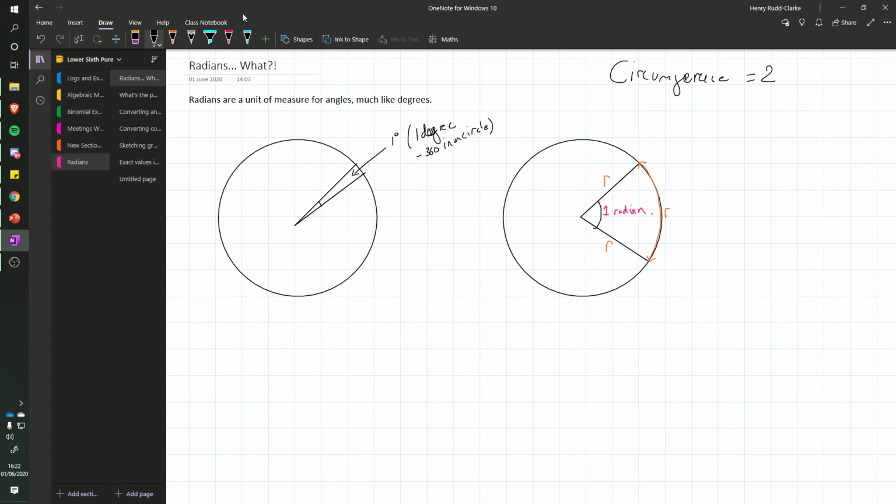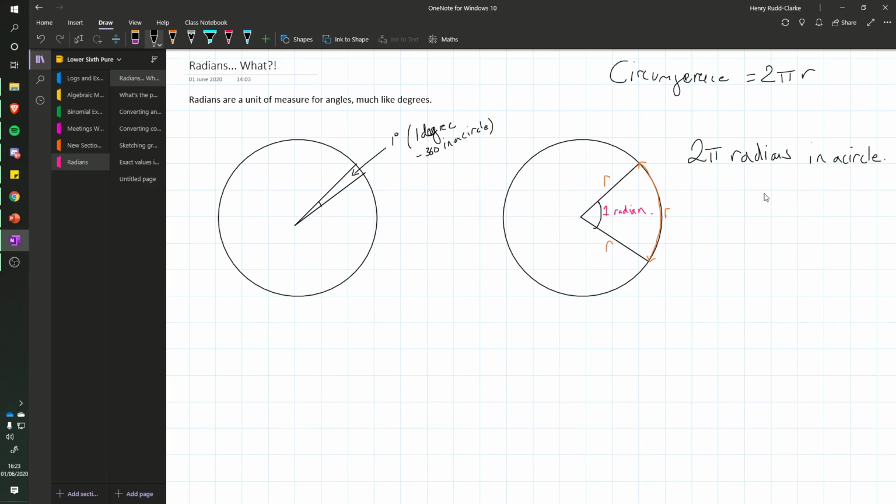is equal to 2 pi times the radius. So this full distance around the outside of the circle is equal to 2 pi amounts of this length r. So by following this logic, there must be 2 pi radians in a circle or a full rotation.